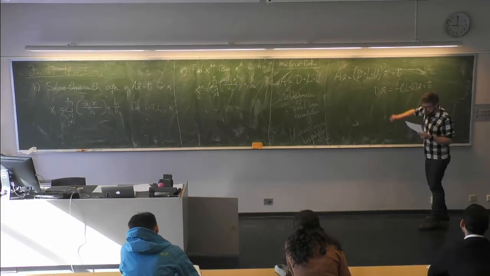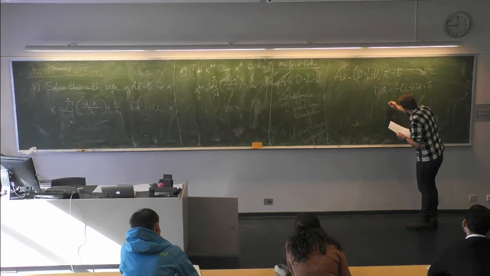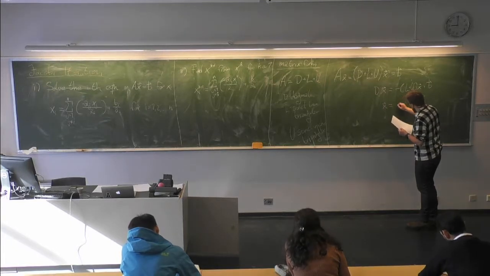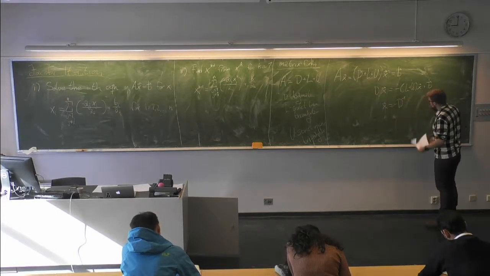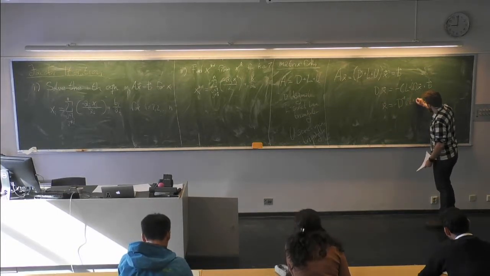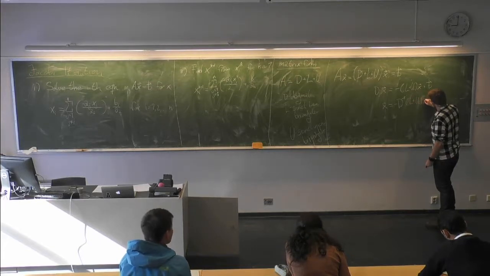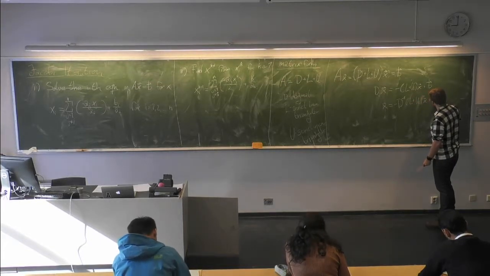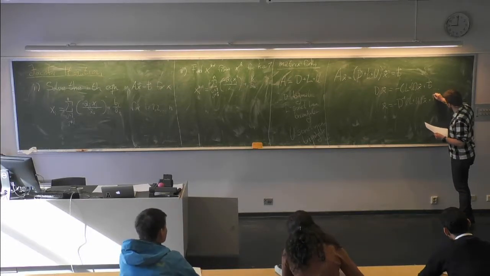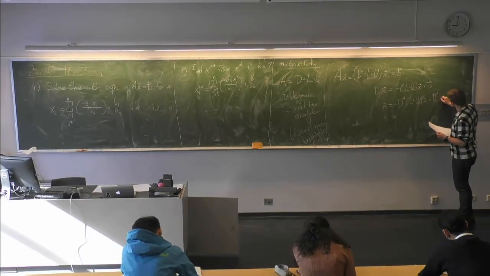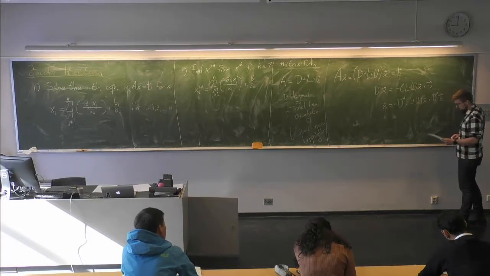So x equals minus the inverse of D times (L plus U) x plus the inverse of D times the vector b, like so.